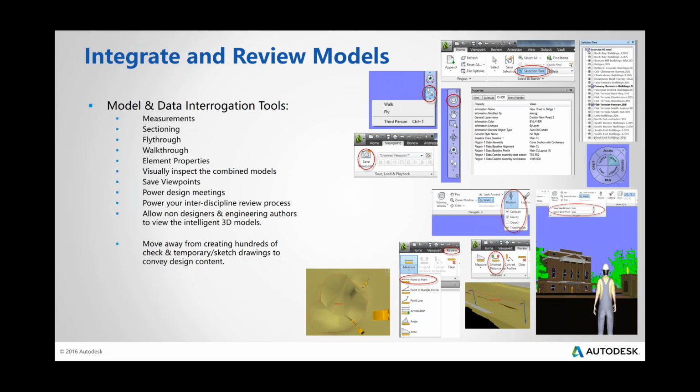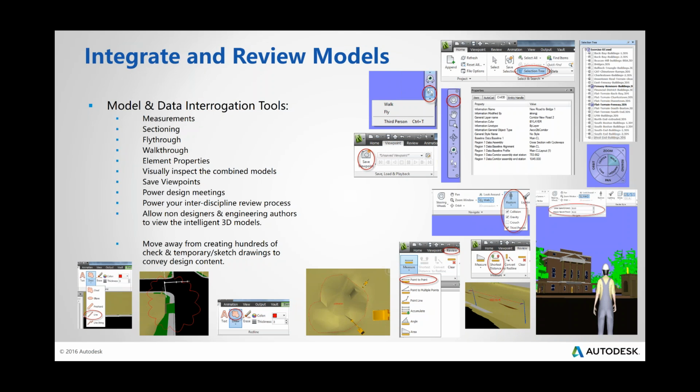So really, I think that's where we can start to save a lot of time within our project workflows, is getting this content out to people and they can interrogate it for themselves. You saw before the sectioning tool, that's quite powerful, similar in here, having a look at models sectioned where someone wants them rather than, say, at the 10-meter increments that we may be giving them.